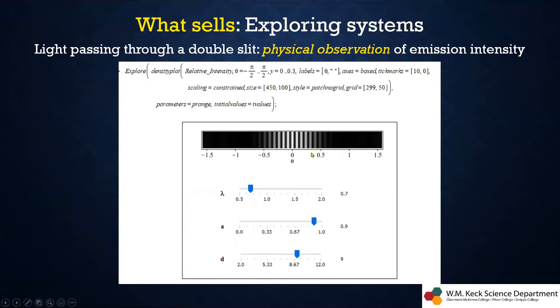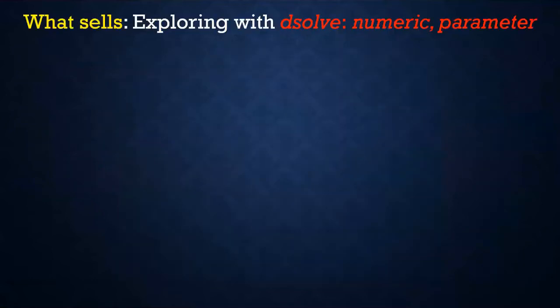And this is the type of image that they see when they shine light through two small open slits, again allowing them to change the parameters. So not only reproducing a mathematical representation of this physical phenomenon, but actually reproducing the observation of the physical phenomenon itself.